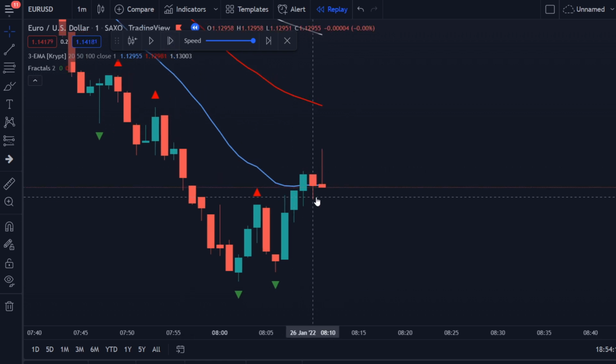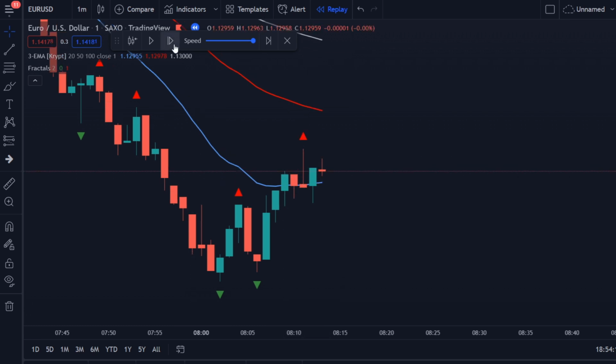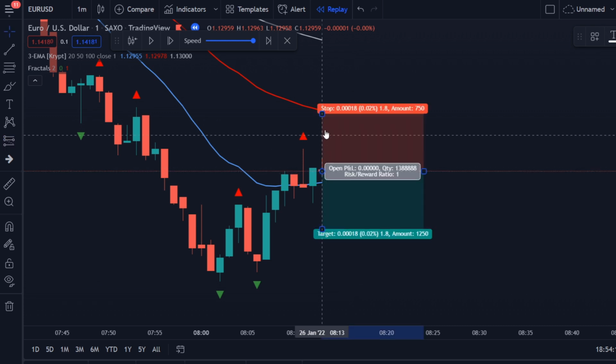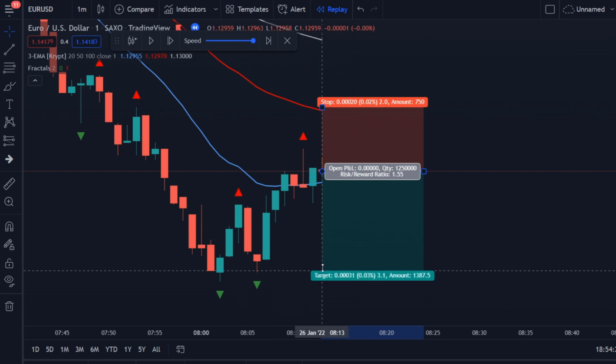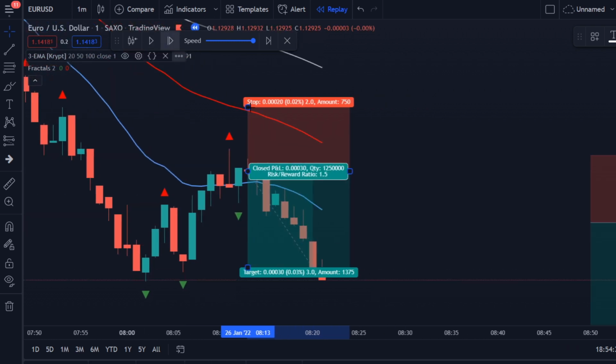Then we wait for our fractals sell signal, and that is about here. We place the trade, we put our stop loss just above the 50 exponential moving average. We look for a 1.5 to 1 risk reward ratio trade, and let me show you what the outcome is. A clean winner over here.